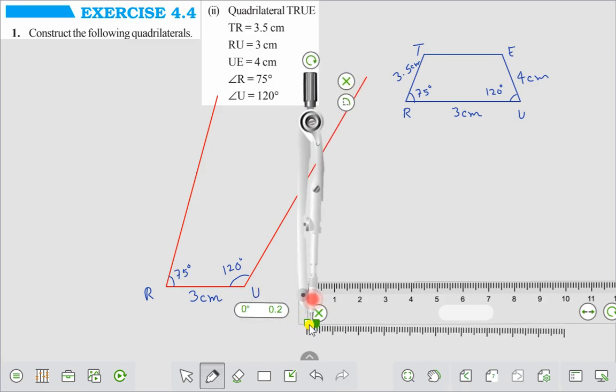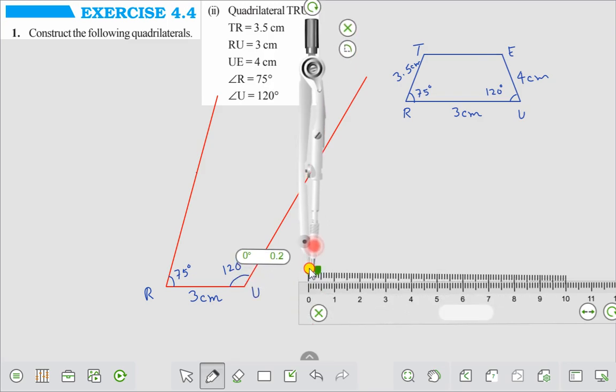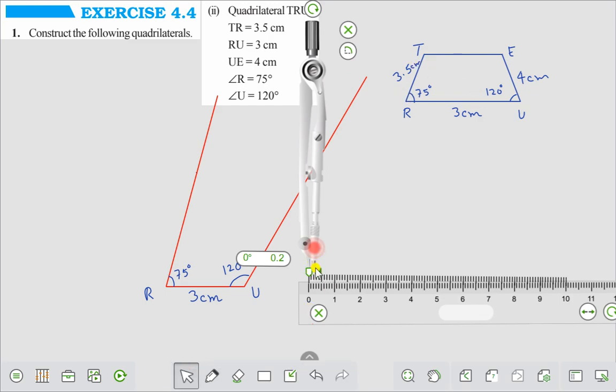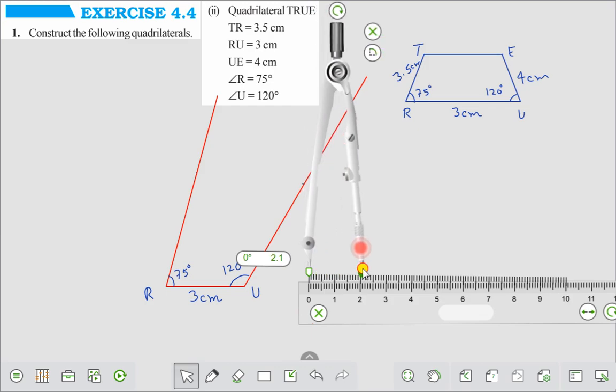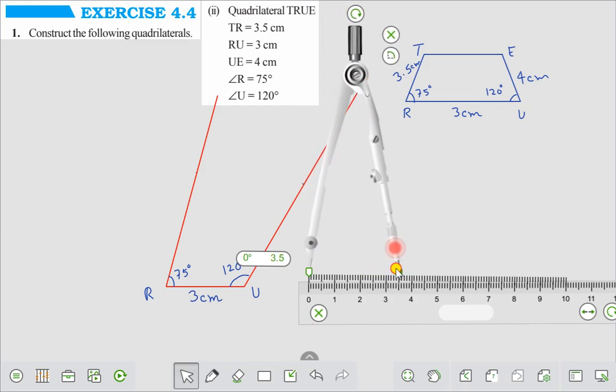Take this pointer at point 0, and take an arc of 3.5 centimeter. You see, this is 3.5 centimeter.